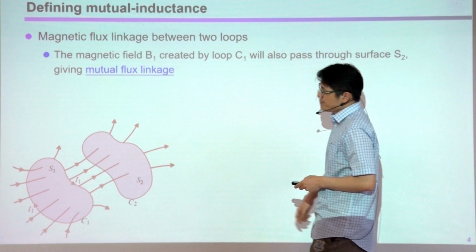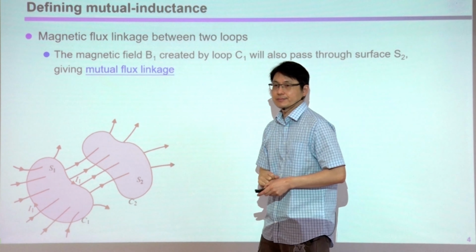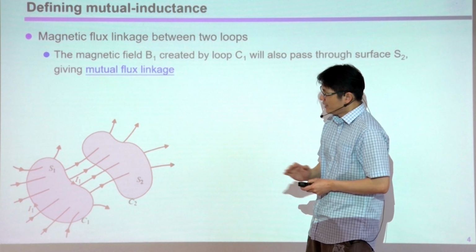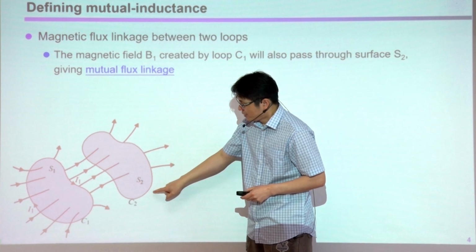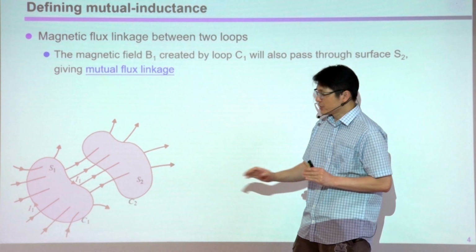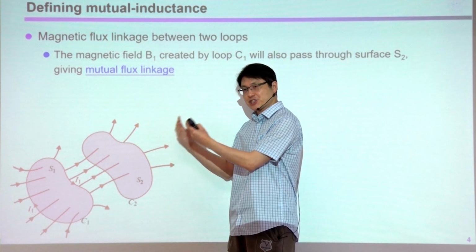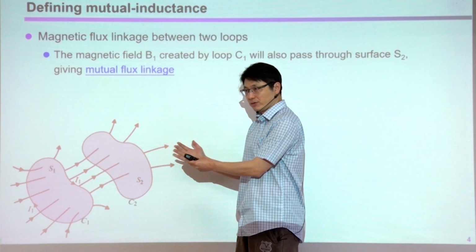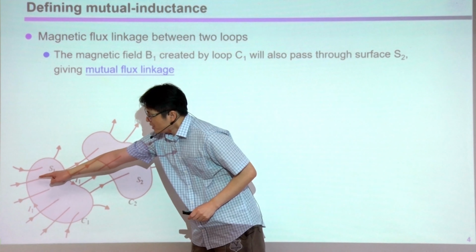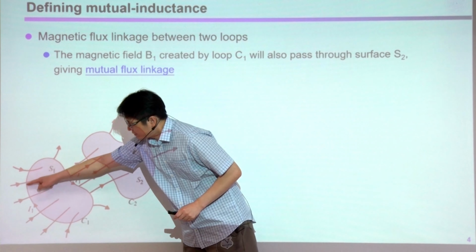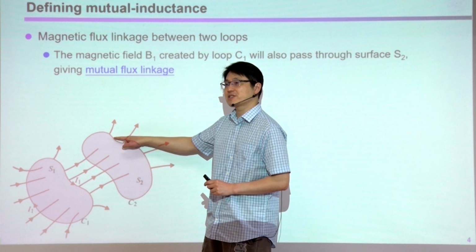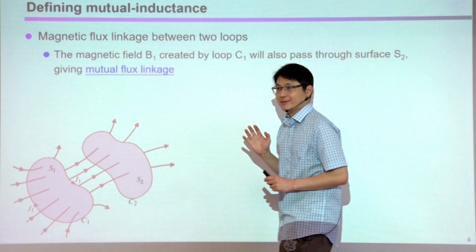Now, just imagine we have a second coil. We just added in the second coil. Even here, the second coil is not having current flowing across it. So the second coil, C2, is not generating its own magnetic field lines. But in this case, some of the field lines generated by the first loop are going to penetrate across the surface area of the second loop, right?